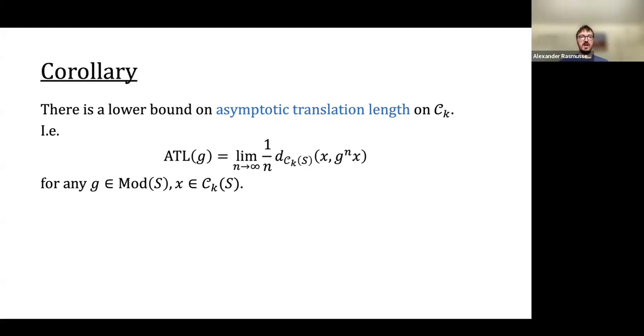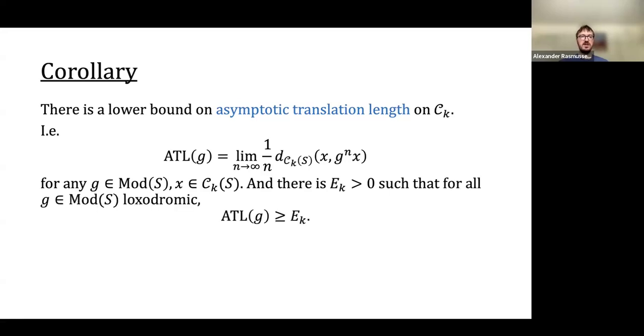So the asymptotic translation length quantifies how far g translates along an axis roughly, if it has an axis or a quasi-axis. And if it doesn't have a quasi-axis, then its asymptotic translation length will be 0. So what we're saying here is that there is some fixed number epsilon_K greater than 0, such that whenever a mapping class g is loxodromic, its asymptotic translation length is at least epsilon_K.